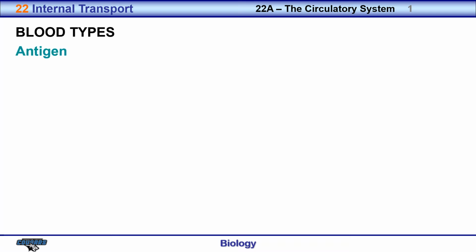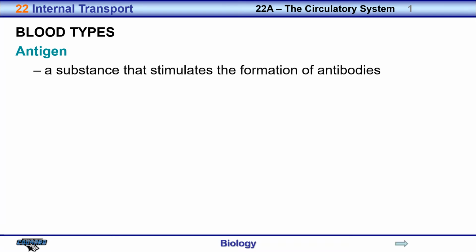Okay, they're called antigens. And what do antigens do? Antigens stimulate the formation of antibodies in the blood. Antibodies are good things. Antigens are usually considered to be foreign, and so they stimulate the formation of antibodies.